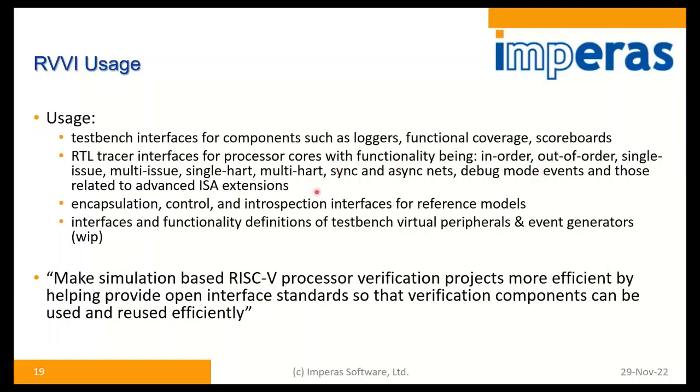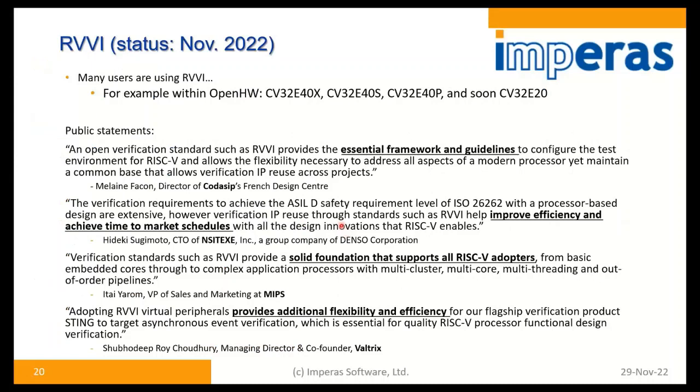It includes everything that's available in the current RISC-V ISA to allow you to hook things into it. And it provides technology so you can encapsulate and hook in reference models and the other components that you're using. The idea is about making verification projects more efficient, and making it much easier for people to do verification around the RISC-V processor.